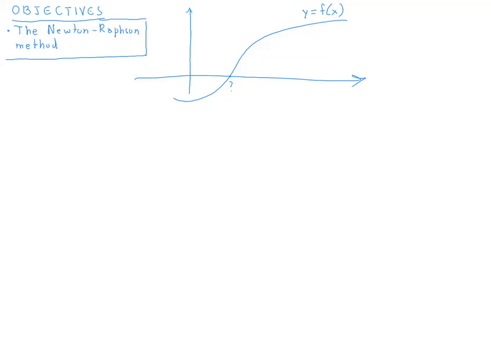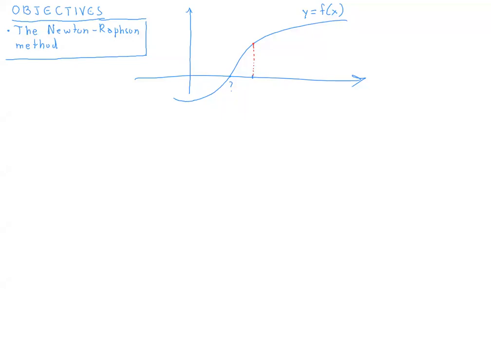So what we do is we start with a first guess, where let's say that this is our first guess. And nobody really expects that just by our first guess, we're going to find that point. But here's what we do. We consider the tangent.